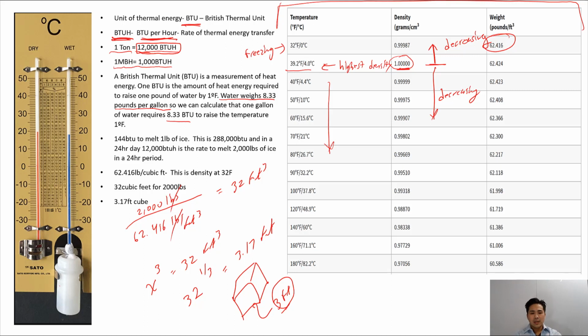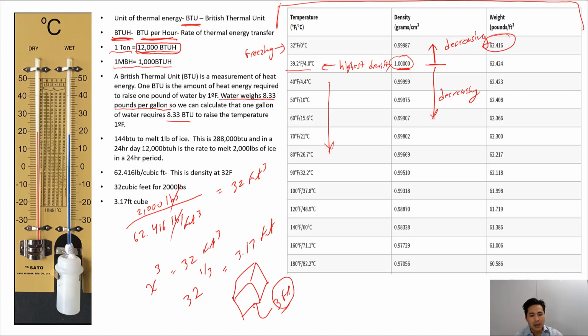Another concept I wanted to mention is dry bulb temperature and wet bulb temperature. Dry bulb temperature is generally what people are referring to when they say the outdoor temperature is, for example, 50 degrees Fahrenheit. It just means the temperature of the air.